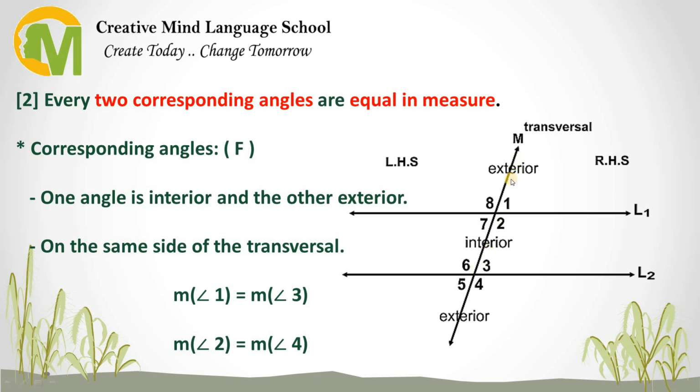Another F shape is flipped above. Here is another F shape carrying angle 3 and angle 1. Accordingly, we can say that the measure of angle 1 equals the measure of angle 3, corresponding angles. The measure of angle 2 equals the measure of angle 4, also corresponding angles.